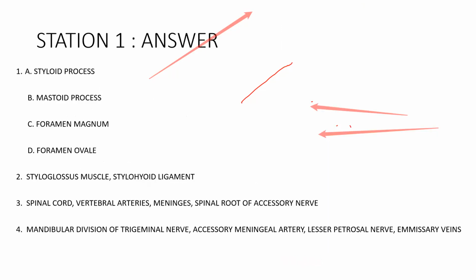The answers were: A was styloid process, B was mastoid process, C foramen magnum, and D foramen ovale.